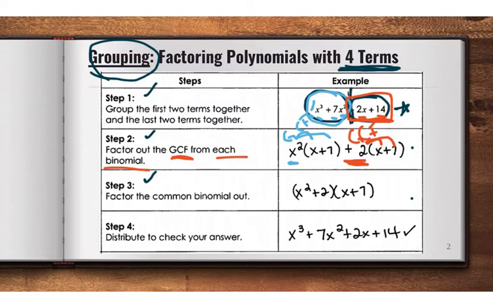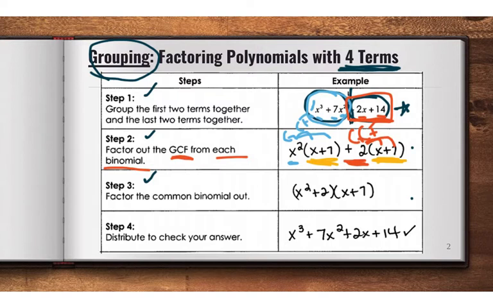Now, if you look, the x squared and the 2 each have a common chunk, a common parentheses of x plus 7. Now, if what is inside your parentheses at this point is not the same, then you did something wrong.